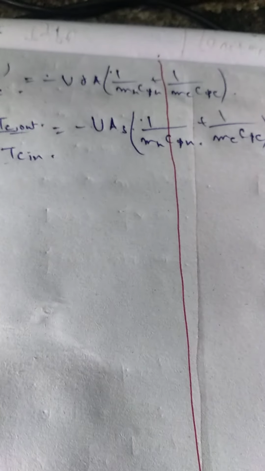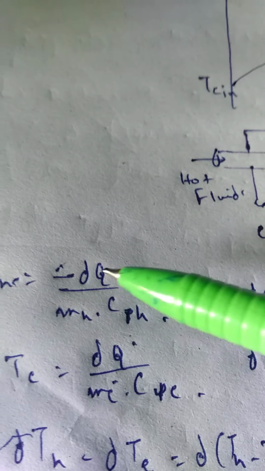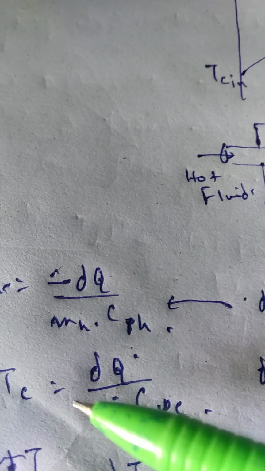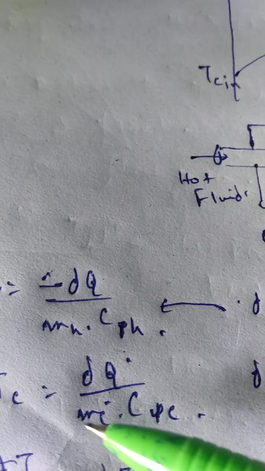Now we'll substitute the values of mC Cpc and mH Cph from over here, and after some rearrangement we will get the final value.